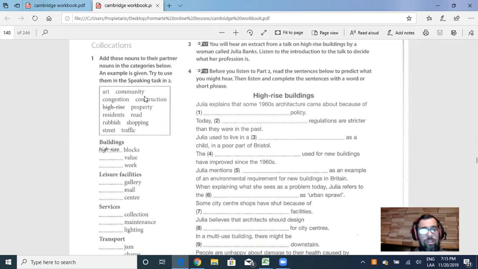In a moment, we're going to practice our speaking part number 2 for today. But before that, I want for us to review a little bit of these collocations. So we have here art, community, congestion, construction, property, residence, road, rubbish, shopping, street, and traffic.